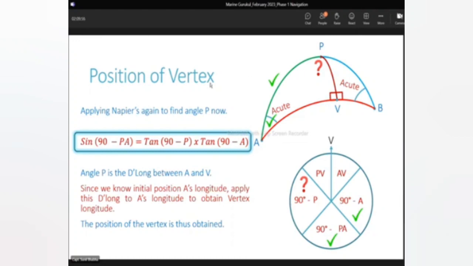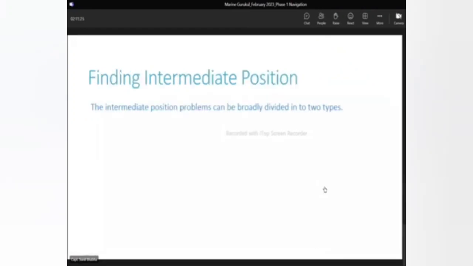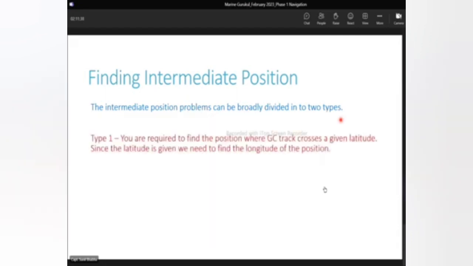Great. So this is how we calculate the position of the vertex, which comes easy for finding the intermediate positions. The intermediate position problems can be broadly divided into two types. It could be asked to us in two different ways. The first type, or type 1, is you are required to find the position where the great circle track crosses a given latitude. Since the latitude is given, we need to find the longitude of that particular position. So this is type 1.